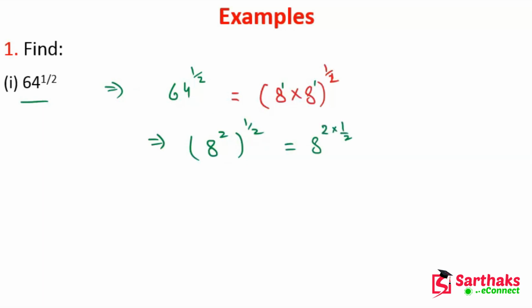This 2 and this 2 will be cancelled, so we get 8. So the answer is 8. I hope you understand these things.